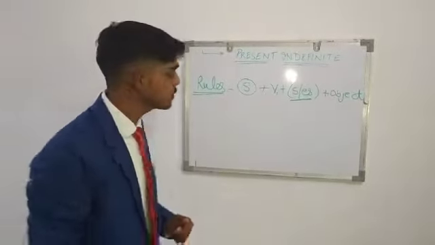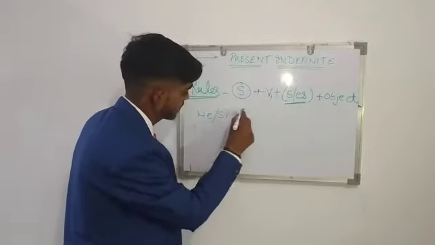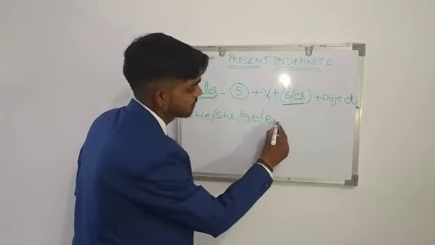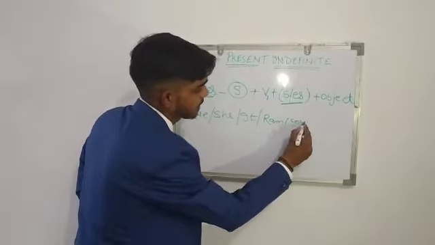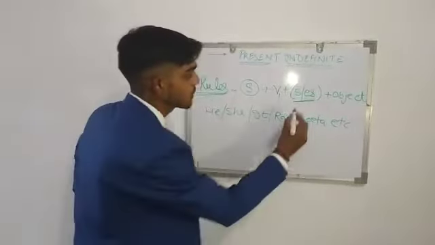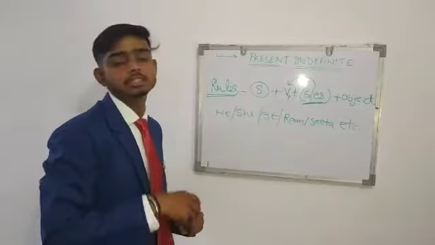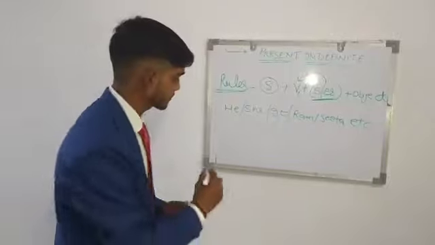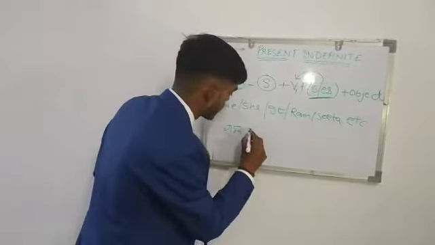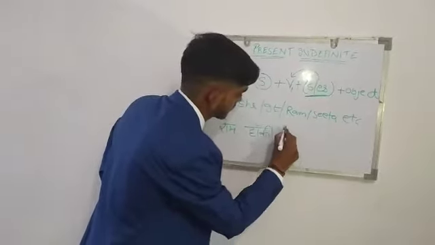Whenever there will be a singular person such as he, she, it, or any name or noun such as Ram, Sita, etc., there will be s or es used with the verb's first form. Such as, we take an example that Ram hockey खेलता.